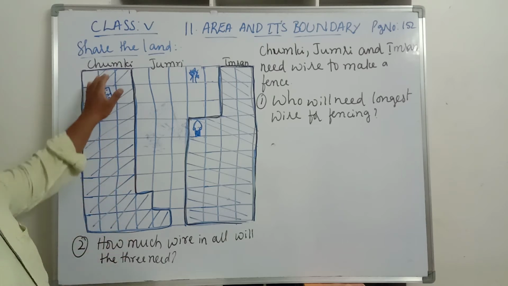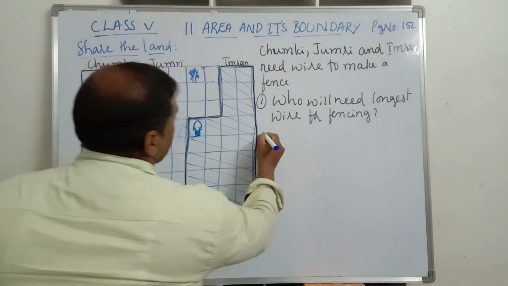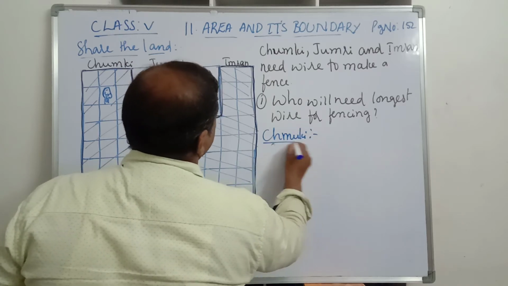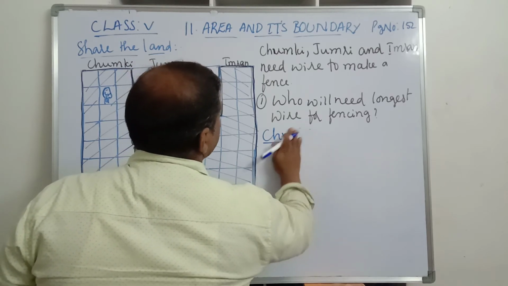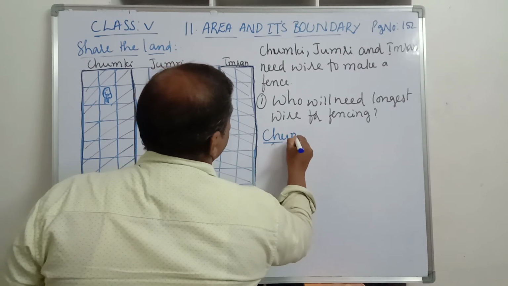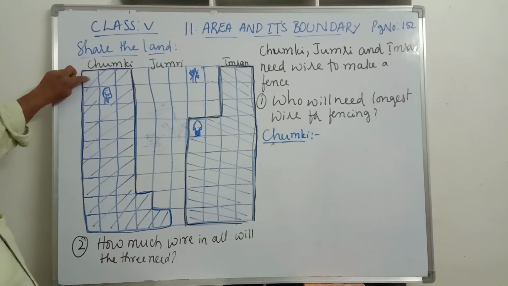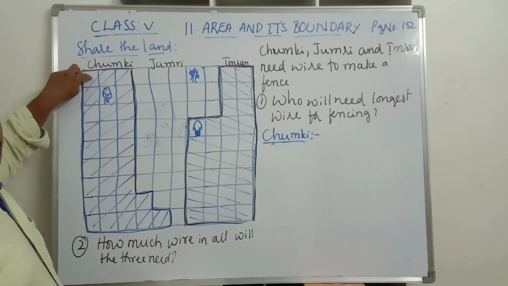So first we find Chumki. Chumki, how much wire did she require? As we have discussed, count here. This is the area of 1 square meter. Each square means 1 meter width, 1 meter length.